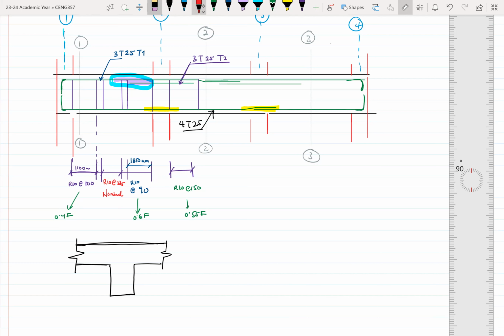If you take section 1, 1, you'll see that at the top over here we have 3 rebars.